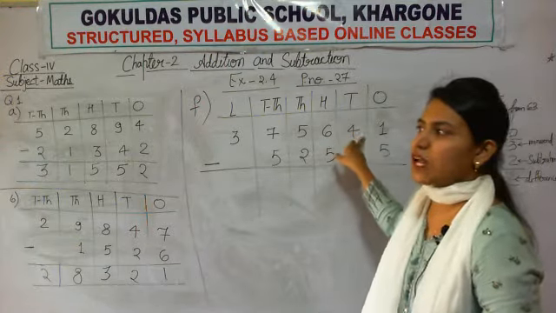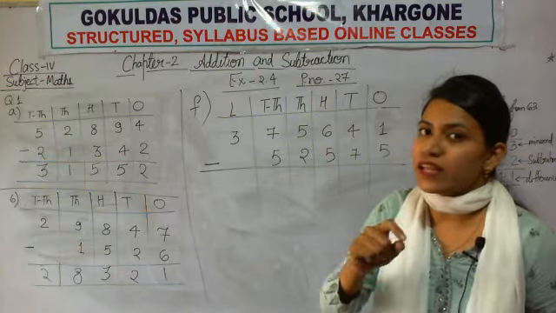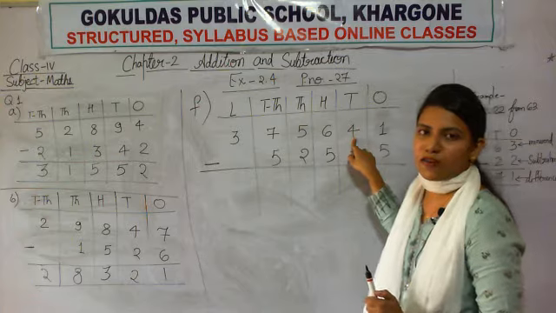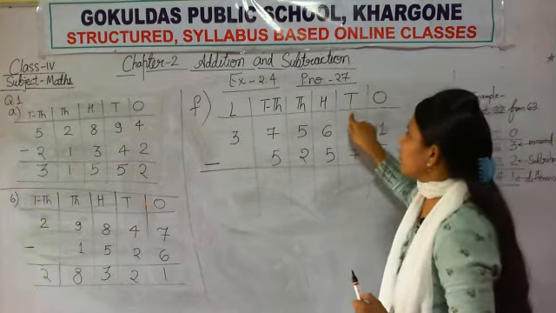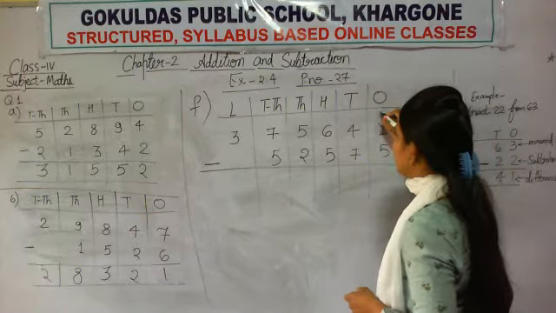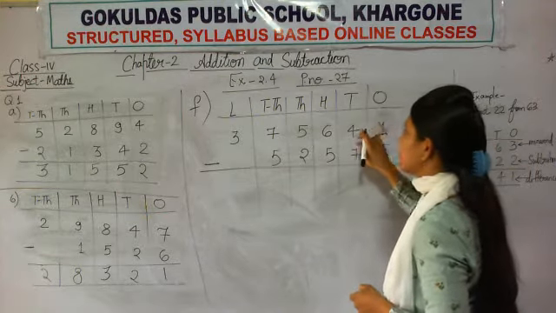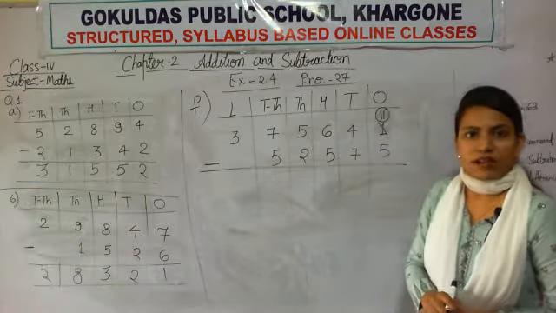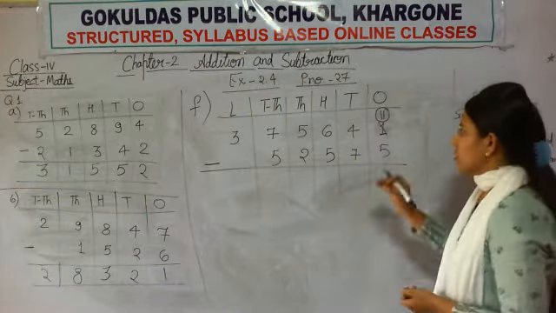It will ask the number from its neighbors. You ask the pen from your friend, so it will ask the number from its neighbor. So it is asking from the tens place. So 10 plus 1, if it takes 10 from it, how much does it become? It becomes 11, right?